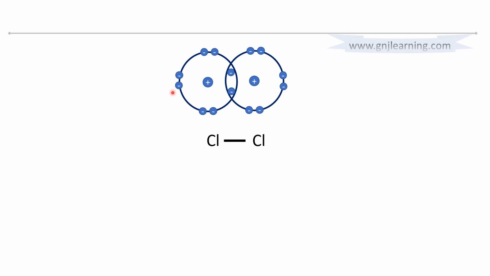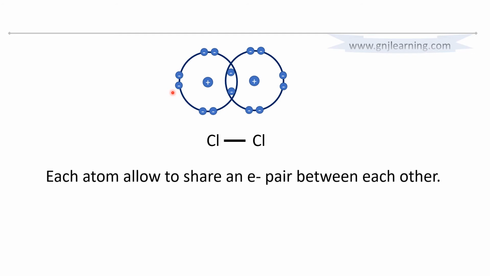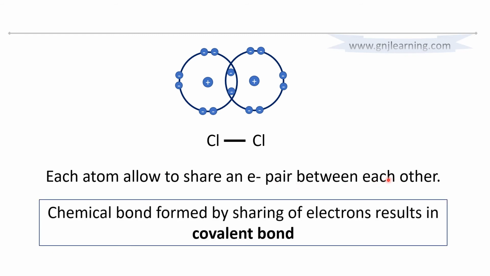Clear? In that way, they have completed the octet. Each atom is allowed to share an electron pair between each other. The chemical bond formed by sharing of electrons is called a covalent bond.